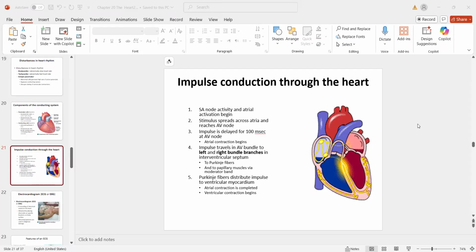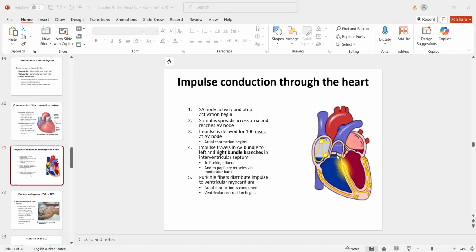Now let's trace the path of an impulse from its initiation at the SA node, the sinoatrial node, examining its effect on the surrounding myocardium as we proceed. Functions of pacemaker cells. Number one: sinoatrial node activity and atrial activation begin.